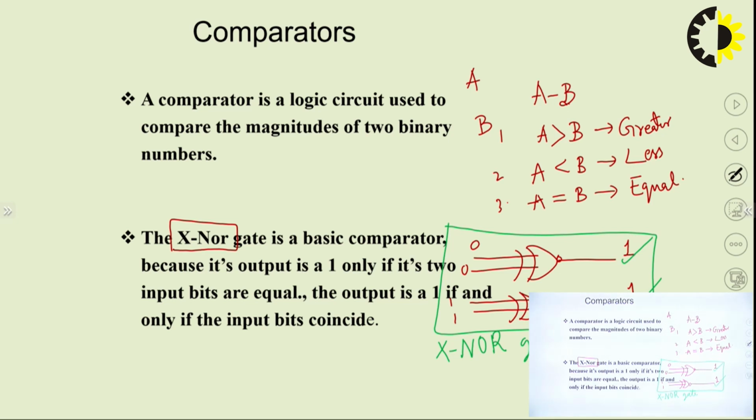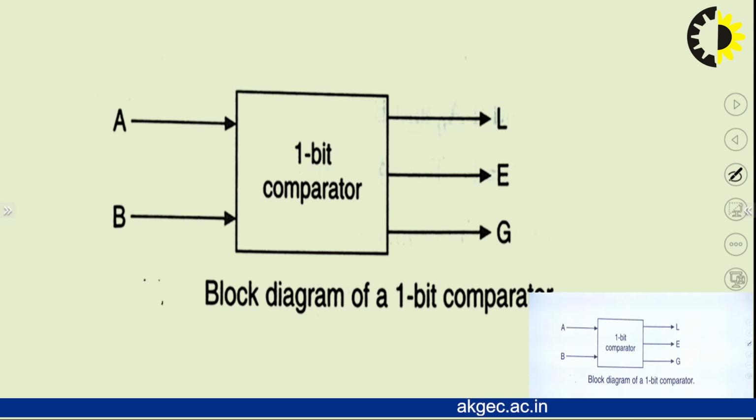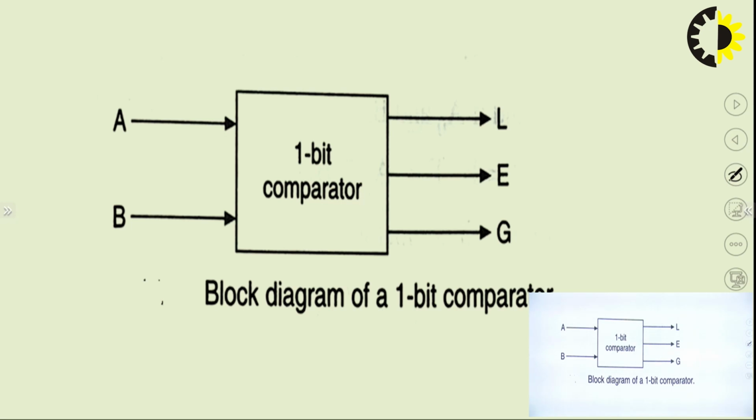Next, this is my circuit for the 1-bit comparator. 1-bit comparator means A is of 1 bit, either 0 or 1, and B is of 1 bit, either 0 or 1. So there are three cases, L, E, G.